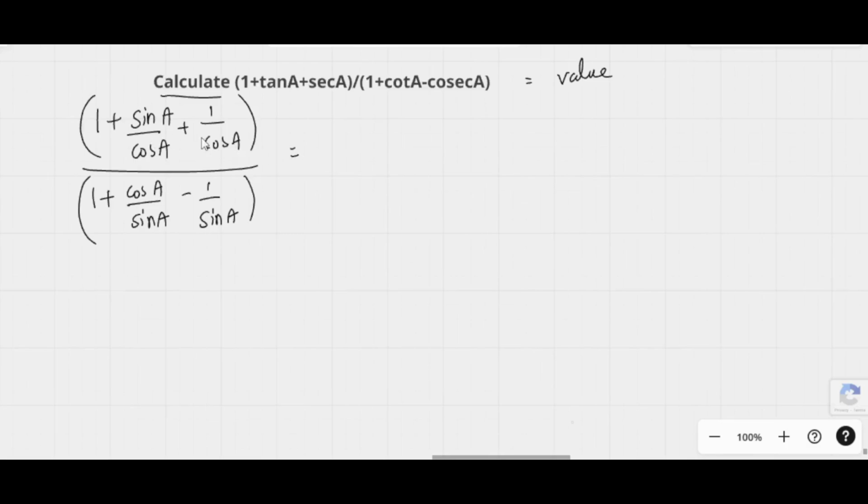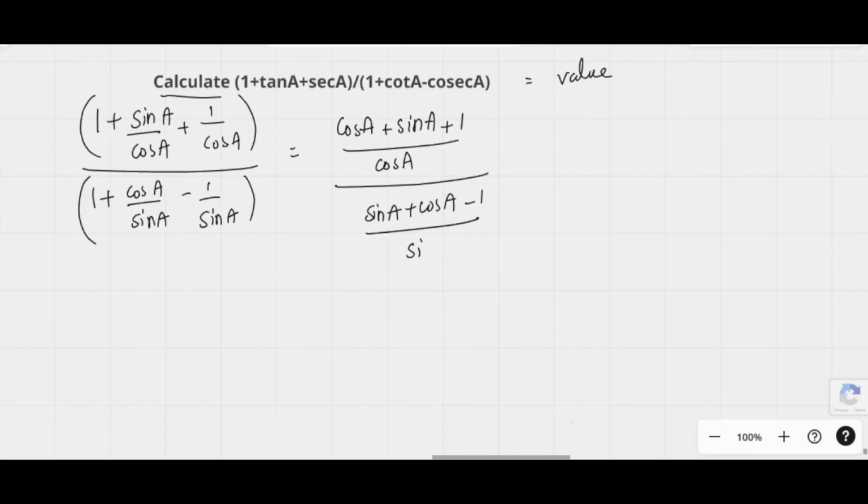Done. So just take out the LCM. If I take the LCM, what will happen? Cos A plus sin A plus 1 by cos A, divided by sin A plus cos A minus 1 by sin A. Now observe carefully.